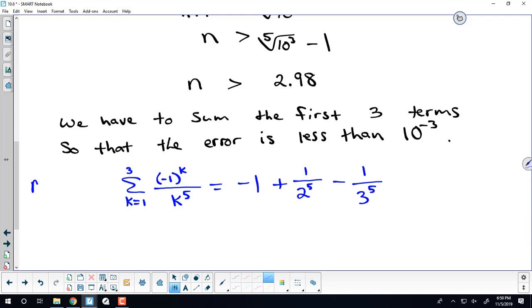So this is our approximation: negative 1 plus 1 over 2 to the 5th minus 1 over 3 to the 5th. Sorry, negative 0.972 86522.